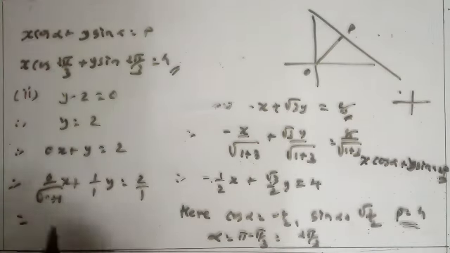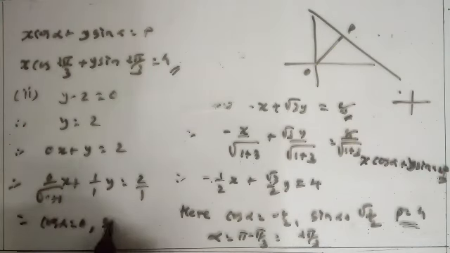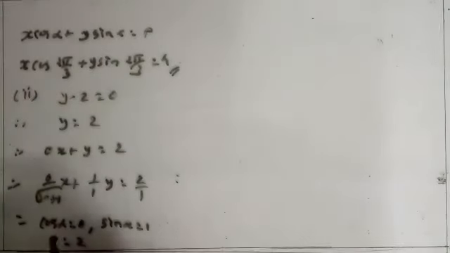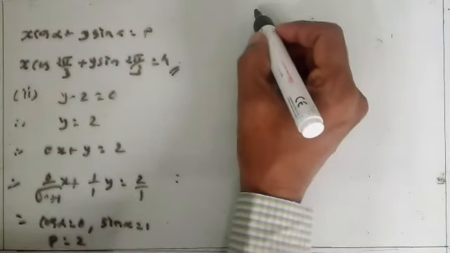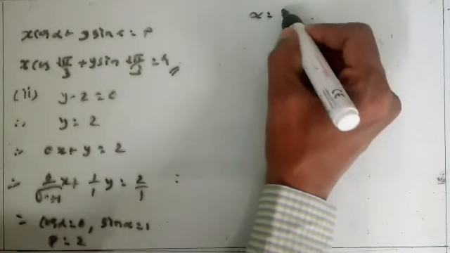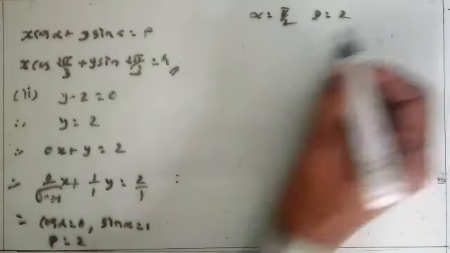So cos alpha is equal to 0, sin alpha is equal to 1 and p is equal to 2. So cos is 0, sin is 1, that is alpha is equal to pi by 2. p is equal to 2.